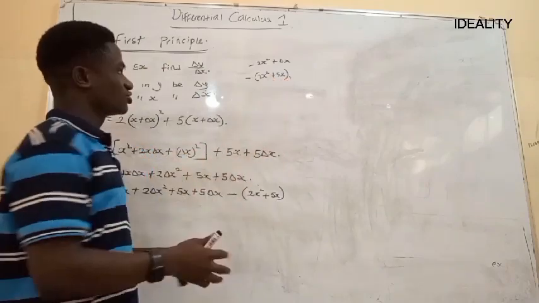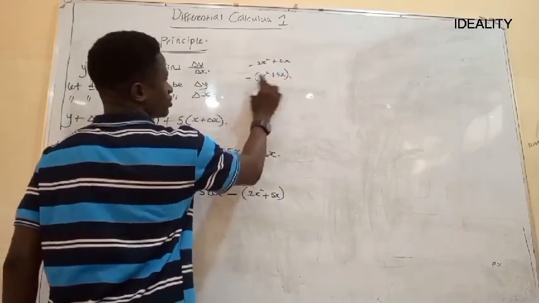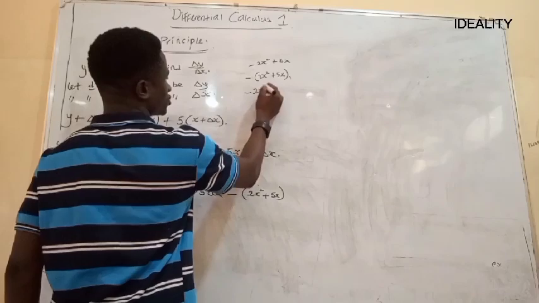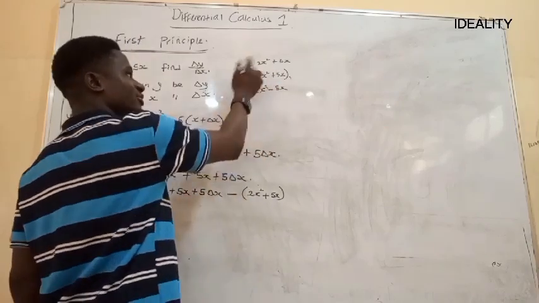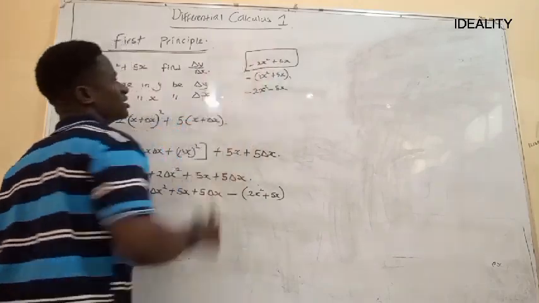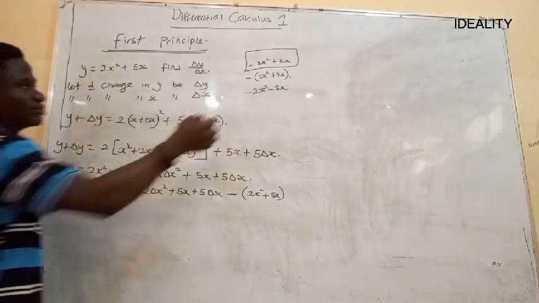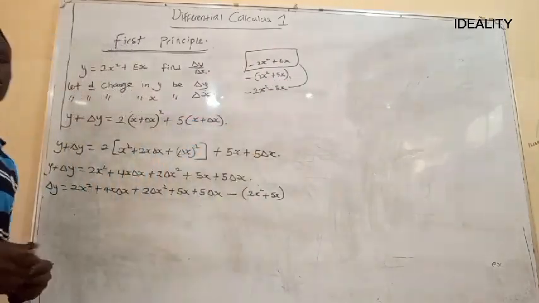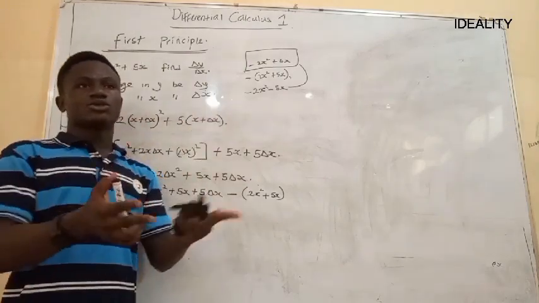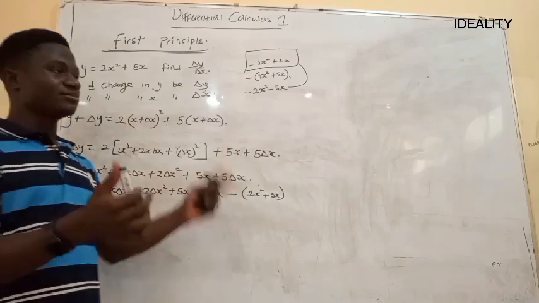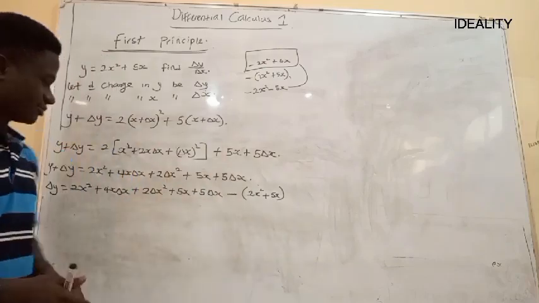So they are two different things. So here I will have, from this second equation, minus 2x squared minus 5x. But here you only have minus 2x squared plus 5x. So that's why you have to put two different expressions that cannot be added in brackets.